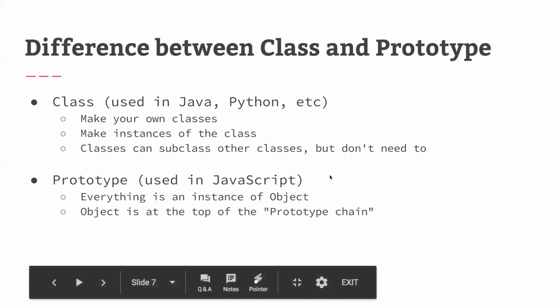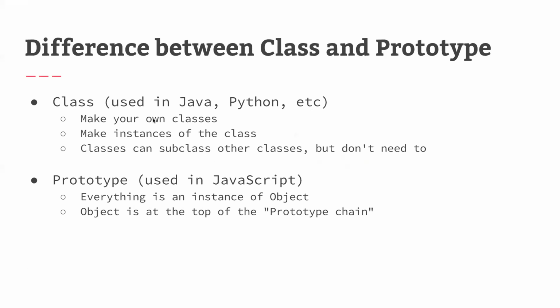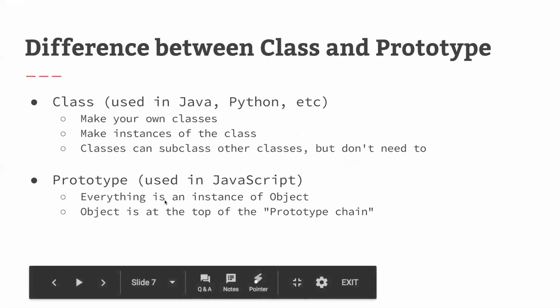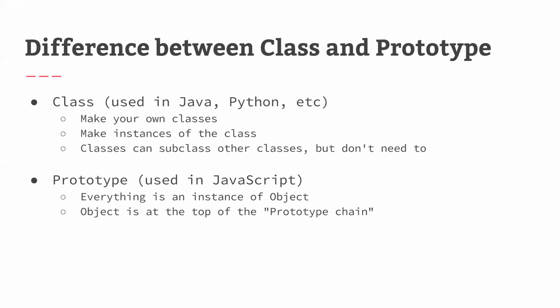Using prototypes, you have instances. So if I make a class called cat, I have instances of that cat class. In JavaScript, everything is an instance of an object. Object is at the top of the prototype chain.